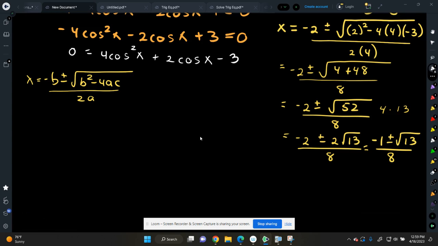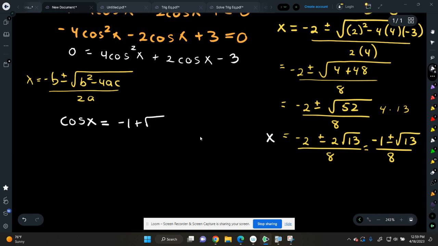But instead of x, it is cosine. So we have cosine x equals negative 1 plus root 13 over 8. And cosine x equals negative 1 minus root 13 over 8.